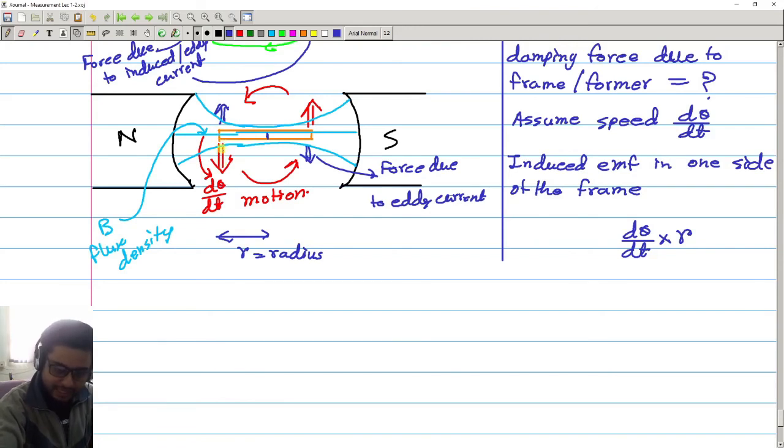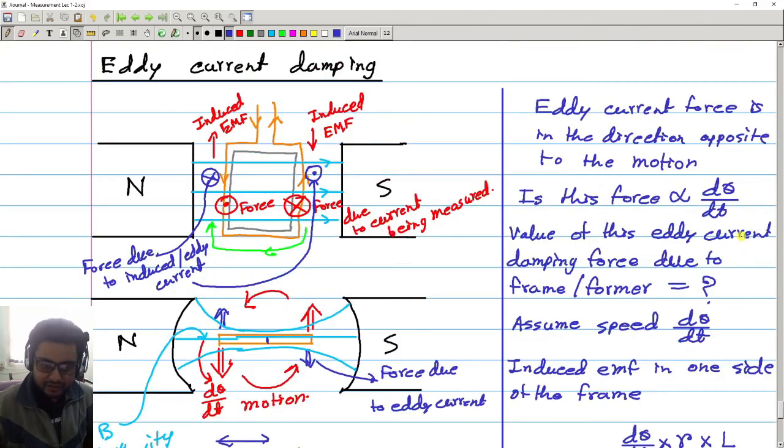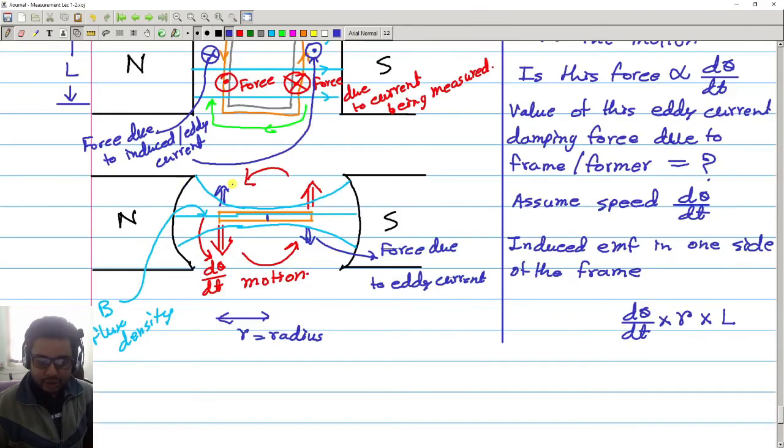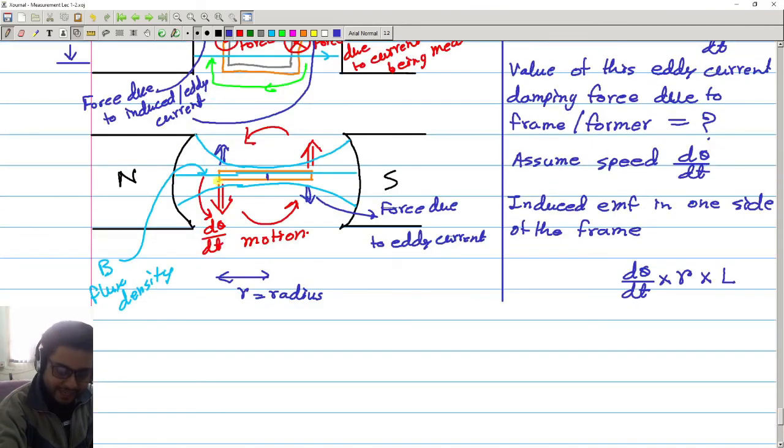Then if I multiply this with the length of the coil, this length, that tells me how much area this side sweeps per unit time. So this is the area swept per unit time by this side of the frame.